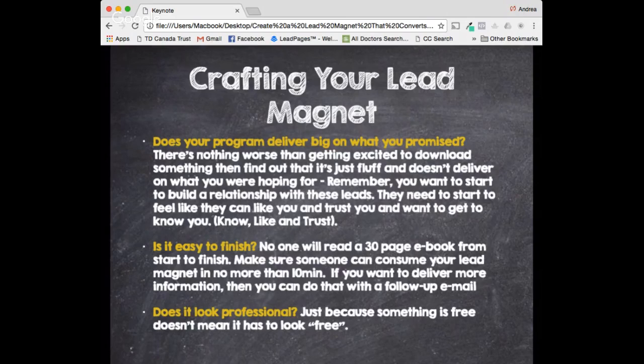So you really need to over deliver if you can on what you promised, because I've definitely been suckered into downloading some free lead magnets that they made sound so amazing and so exciting. And then when I downloaded it, it was literally 7 images they took off a PowerPoint with 1 sentence on every page that didn't describe or help me do anything.